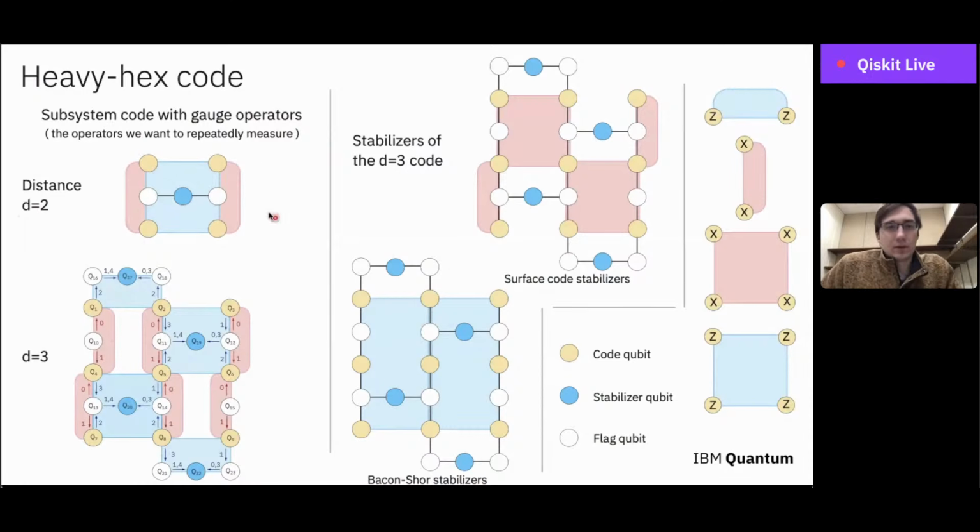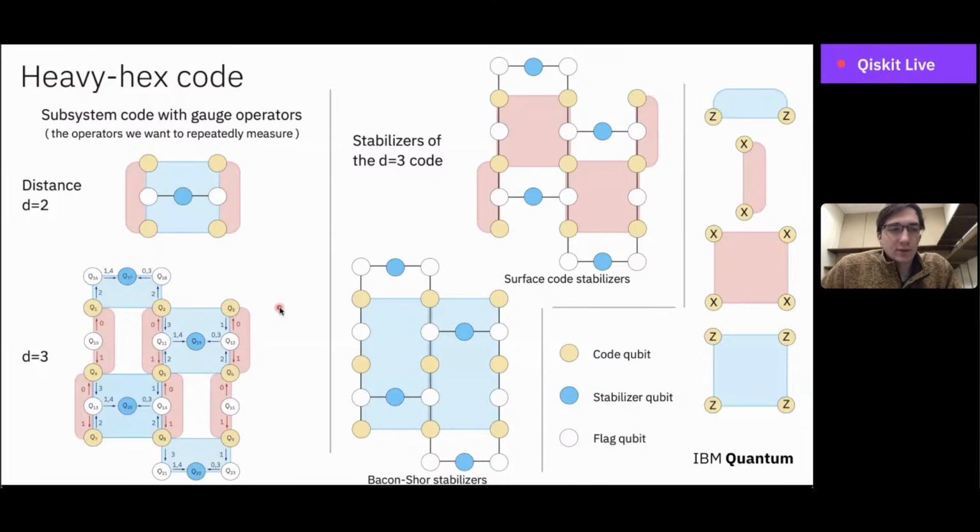Okay, so the gauge operators are what you measure. Now, this code is a bit different than the surface code that I showed earlier, in that once you go to distance 3 at least, these gauge operators don't all commute. So for instance, this guy is XX on these 2 code qubits, and this guy is ZZ, so they would anti-commute here.